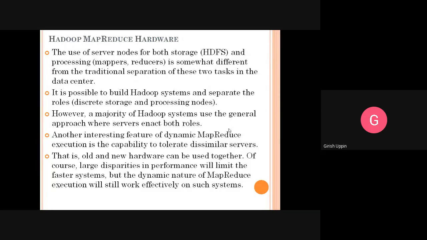Of course, large disparities in performance will limit the faster system, but the dynamic nature of MapReduce execution will still work effectively on such systems. So we can use older and newer systems. Of course, there will be some difference in performance, but that can be used effectively in MapReduce executions.